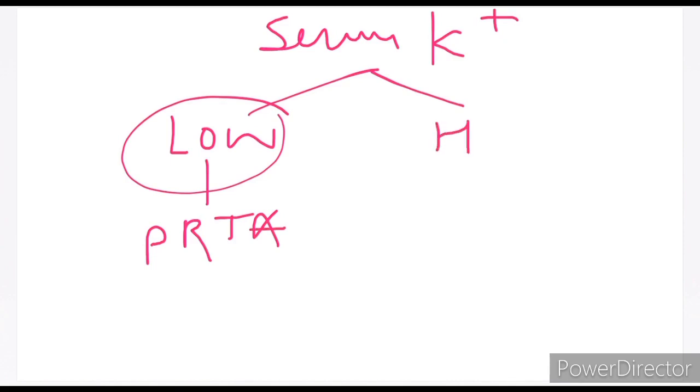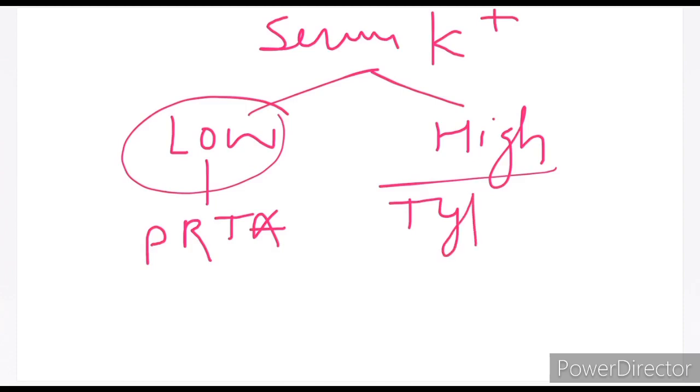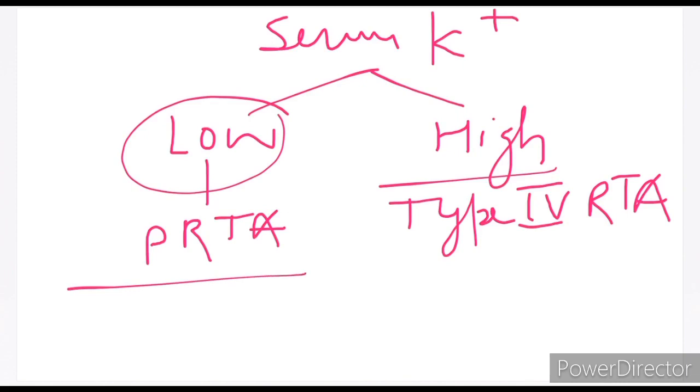If it is high, it is type 4 RTA. Furthermore, in case of distal RTA, there is also low potassium.